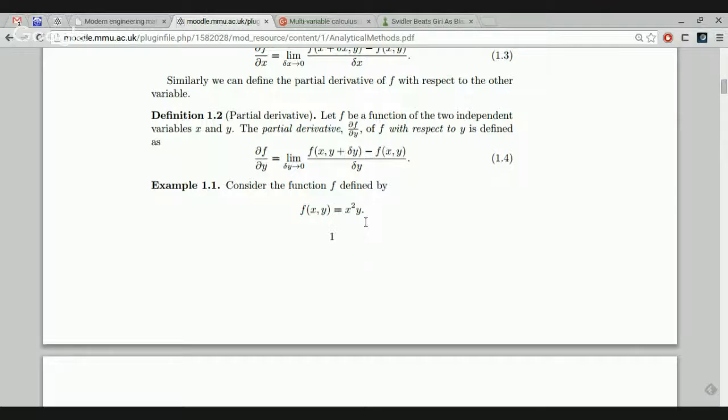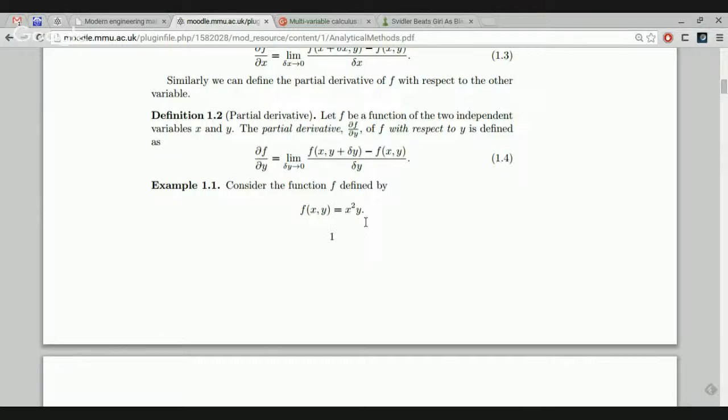We know how to differentiate polynomial terms in a single variable. The derivative of x squared is 2x. And it has this other factor y multiplying it, so that's also going to be there in the derivative as well, by linearity. So by using that principle, we can say that the derivative with respect to x of that function is 2xy. The derivative of x squared is 2x, and the y, by linearity, that constant y, whatever it is, stays there as a factor.